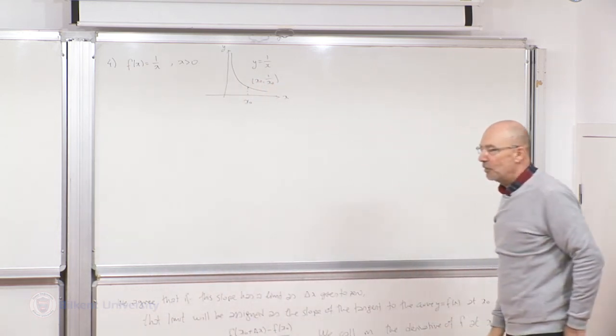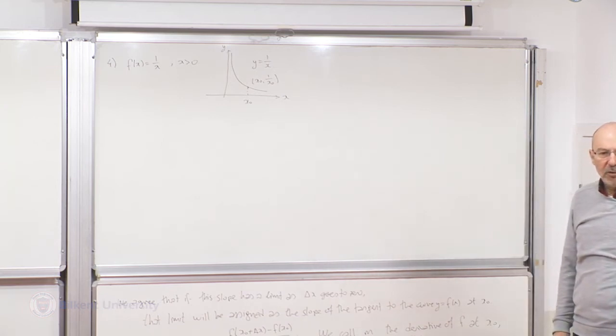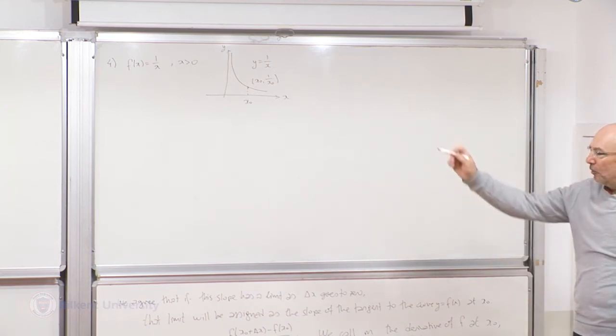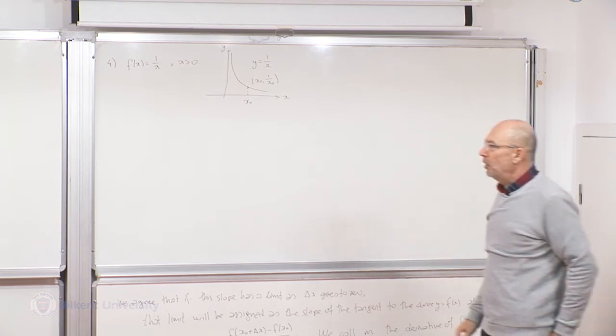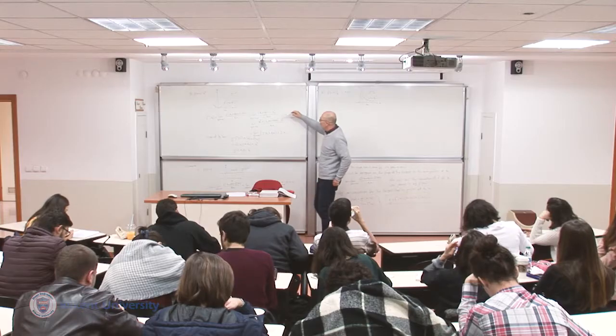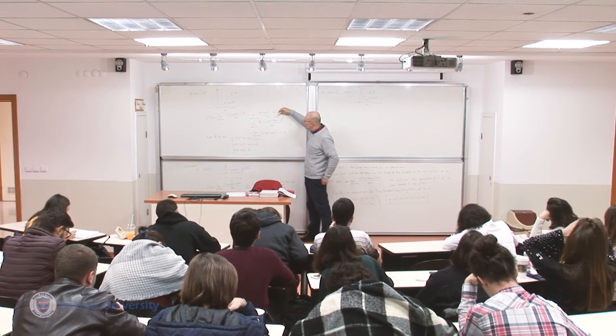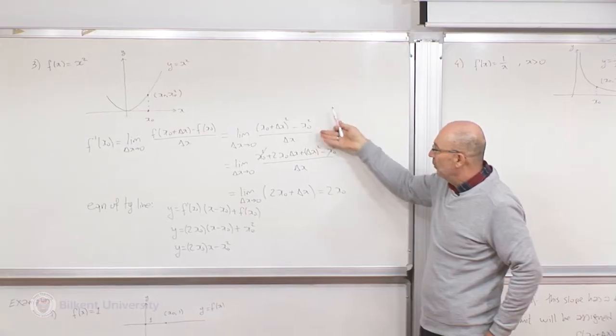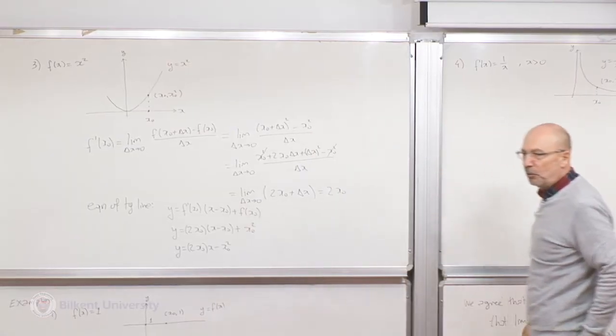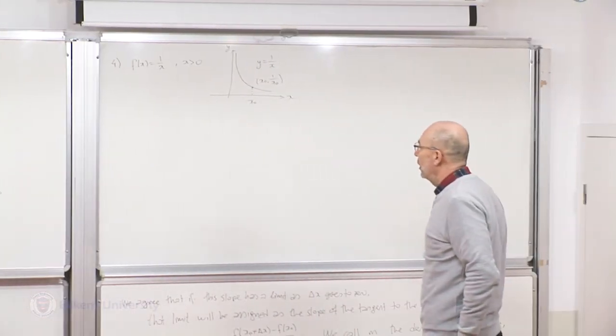So let's see how the algebra works. We want to go over the same calculation, the same routine. The only thing that will be different is after we put this substitution, we will start calculating the limit. And so far we had 3 examples. It was trivial. So let's see what we will get here.